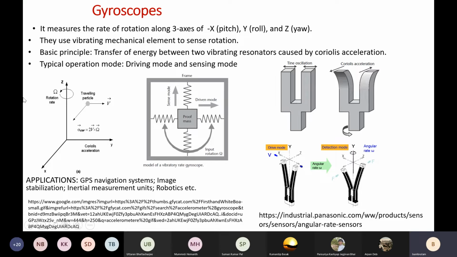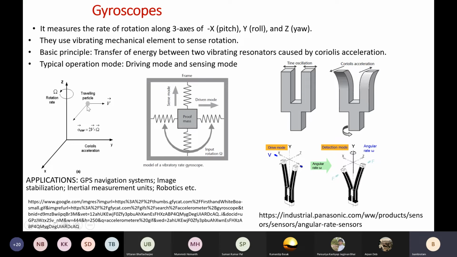So we'll illustrate this. Suppose you can see this frame XYZ. Suppose some platform is rotating along the Z axis, and you are standing on that platform.